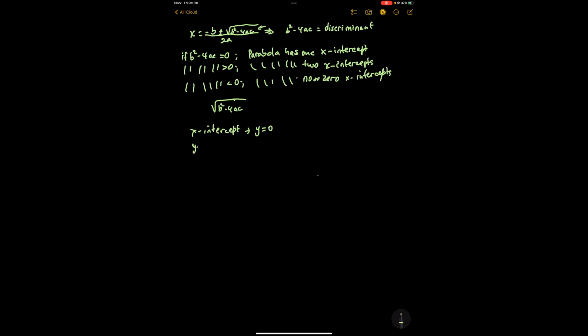And to find the y-intercept, you guessed it, you let x equal 0. And this is how you find them.